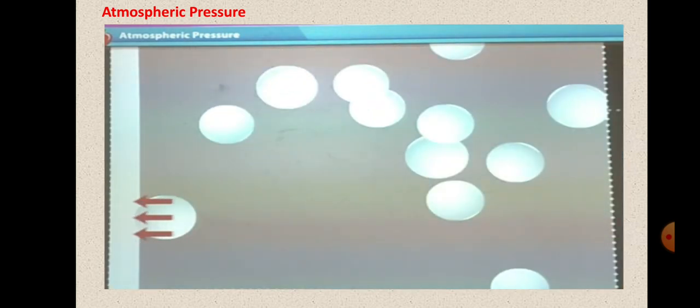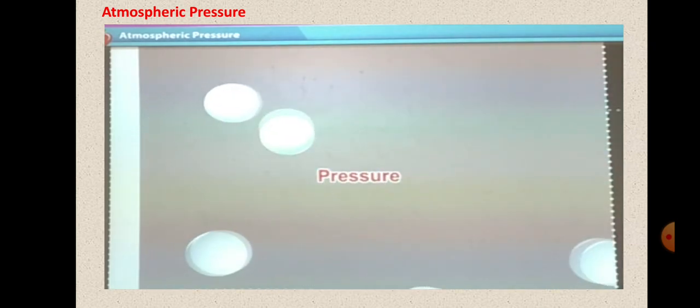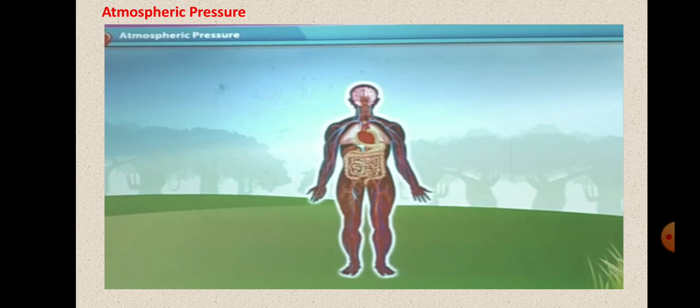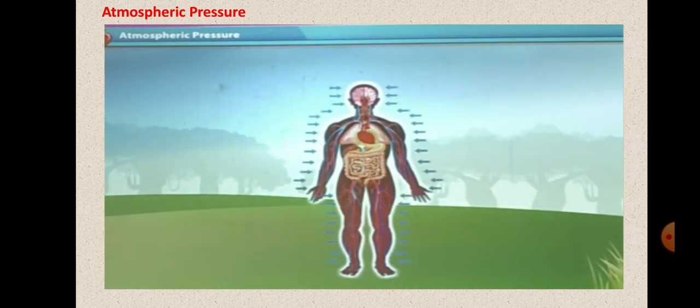Okay, and thus the force is exerted on the walls of the container. Similarly, on our body also this atmospheric pressure is exerted. However, the cavities in our body are also filled with air, and the arteries and veins are filled with blood. So therefore we don't get crushed due to this atmospheric pressure.